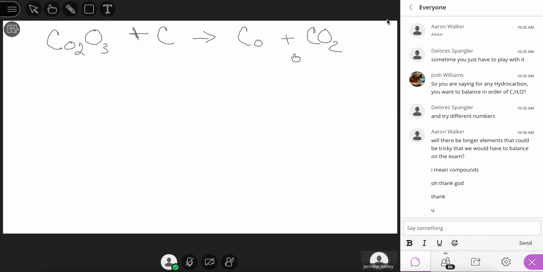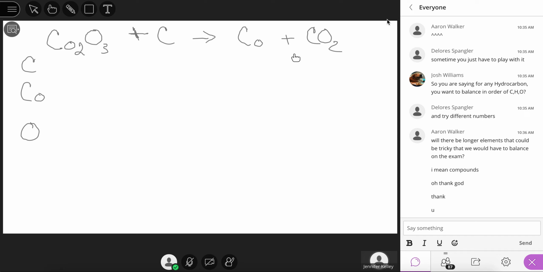All right, so we're going to look at these and try to balance them. I'm going to keep oxygen last because oxygen can be tricky. Just for the heck of it, I'll start with carbon, but I could start with cobalt just as easily. In this part, you're just kind of guessing which way you want to balance them.